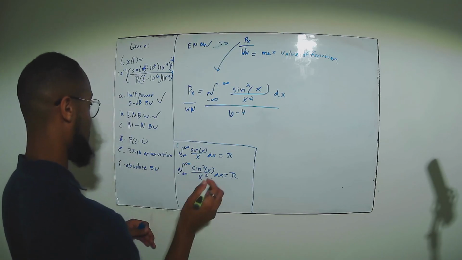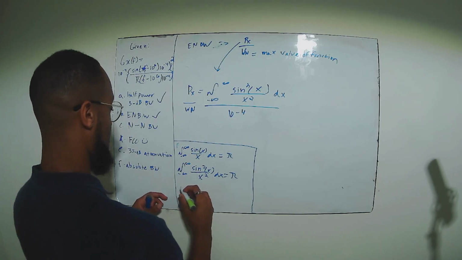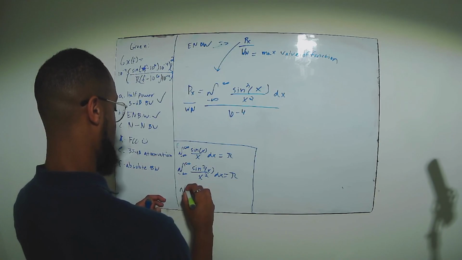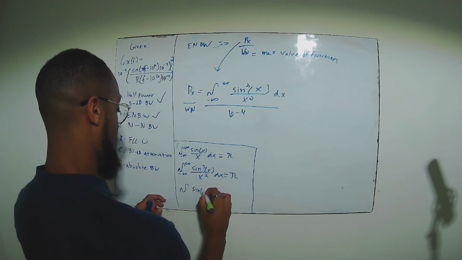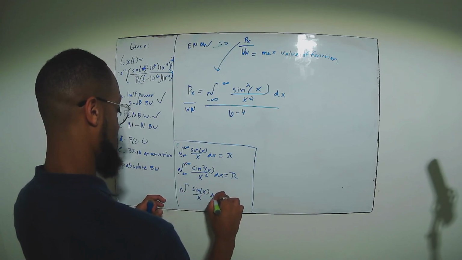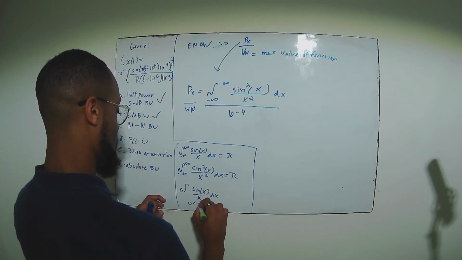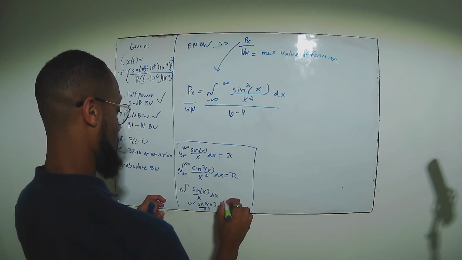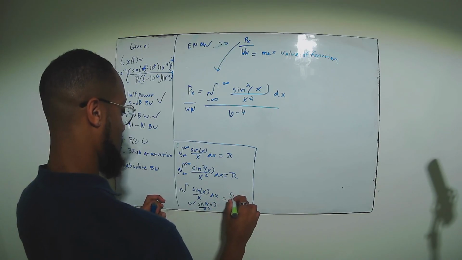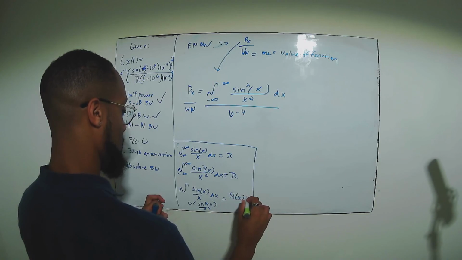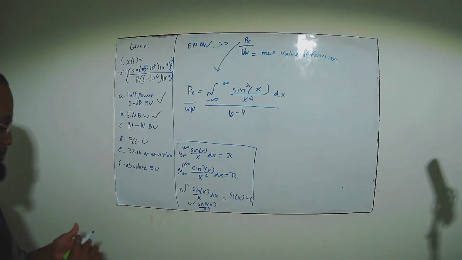Another interesting fact we're going to need is that the antiderivative of sine x over x dx, or sine squared of x over x squared, is going to be equal to what's called the sine integral plus a constant.